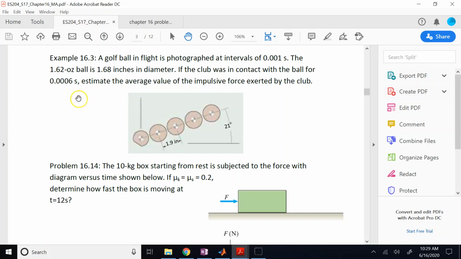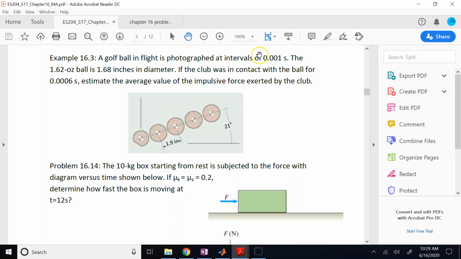Now, if you assume that the contact between the club and the ball, in other words the impact period, was only 0.6 milliseconds, what was the average force that the club applied on the golf ball? And here we have to do it as a vector.